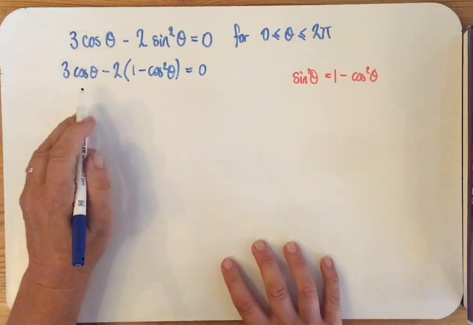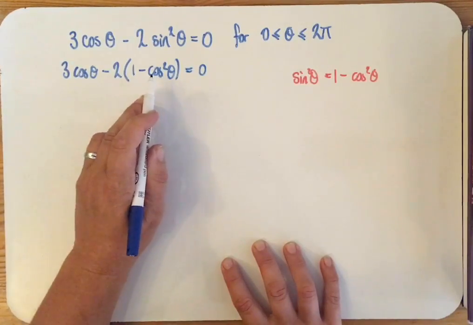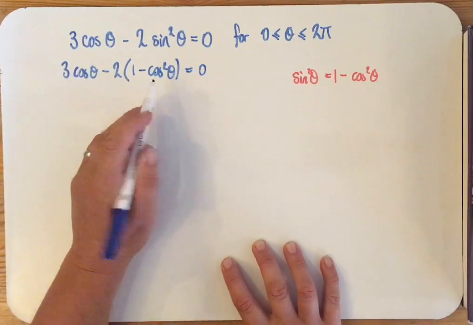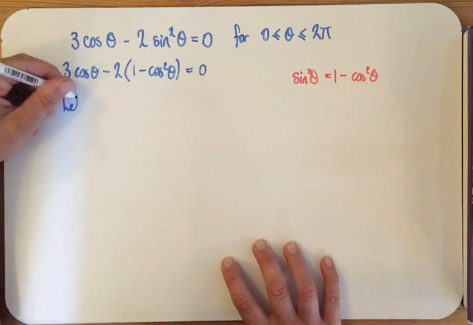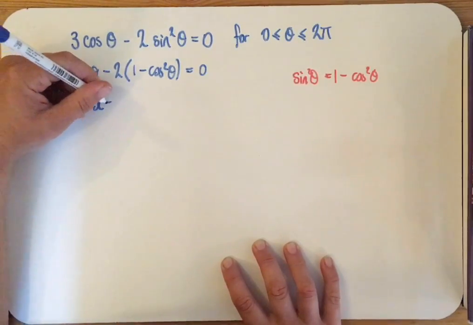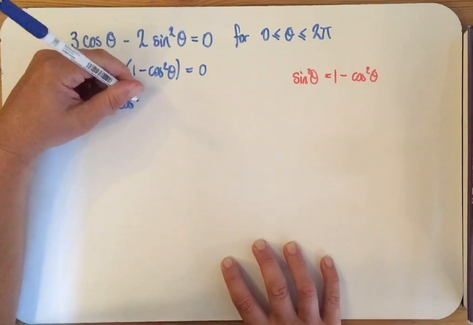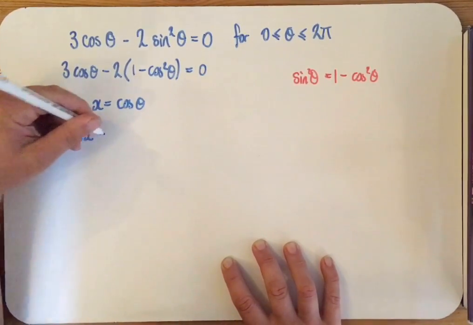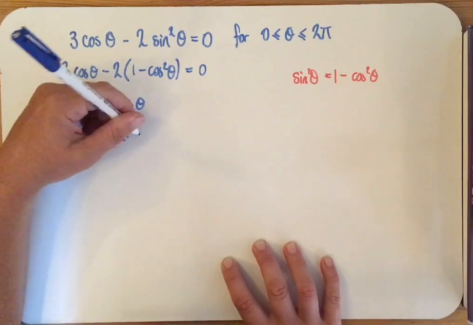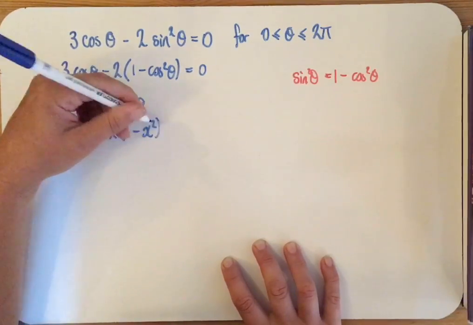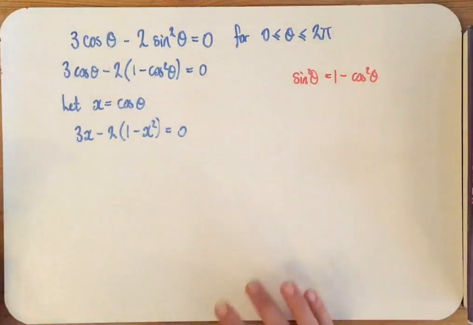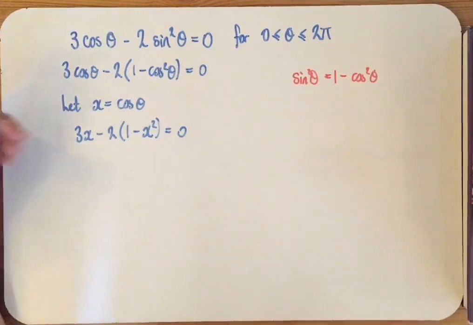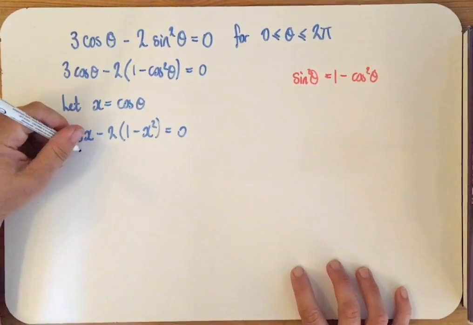So I get 3 cos theta minus 2 lots of 1 minus cos squared theta equals 0. Now I've got just one trig function, which is cos theta, so I should be able to solve this. If you want to, you can let x equal cos theta, or a letter of your choice. It's probably less to write in the long run, and it possibly looks a little bit clearer.